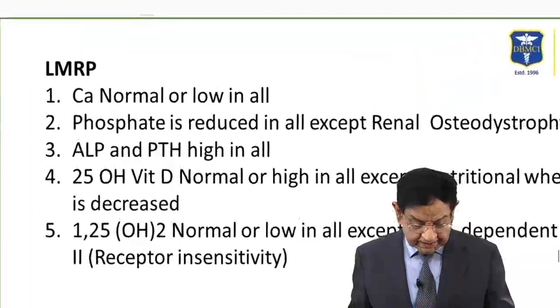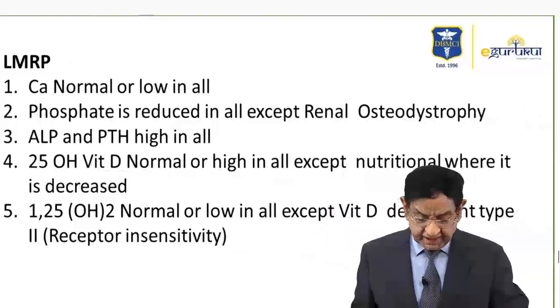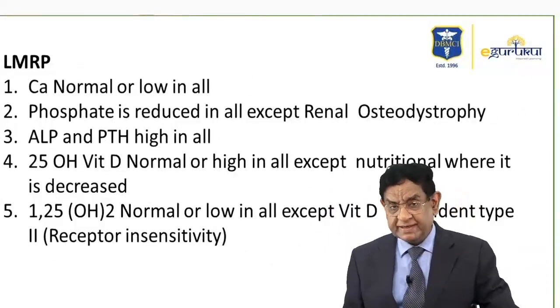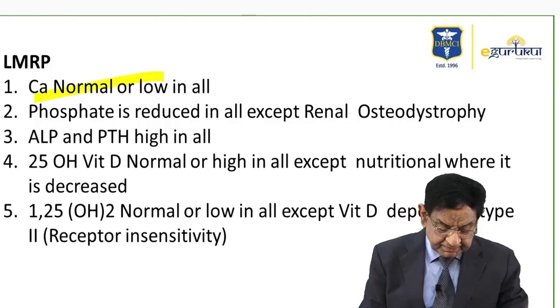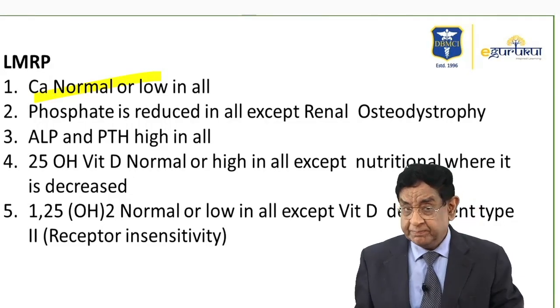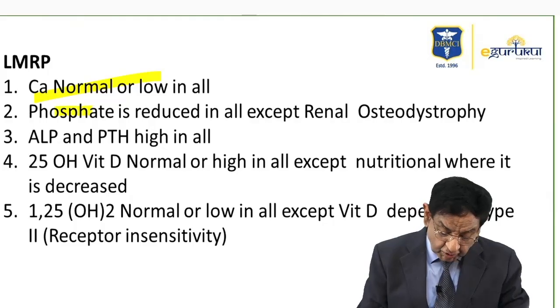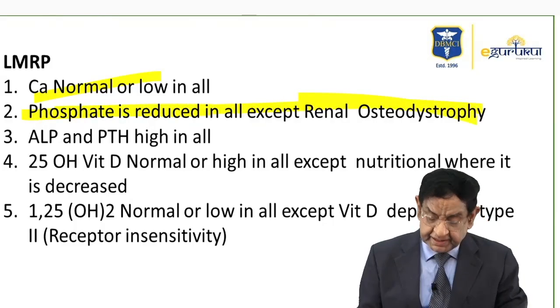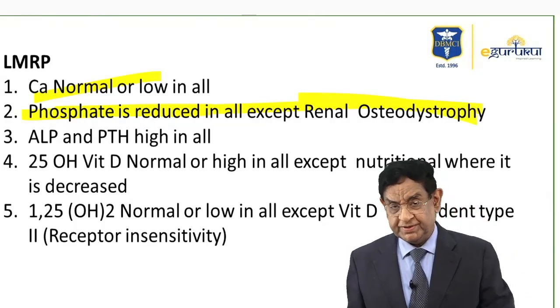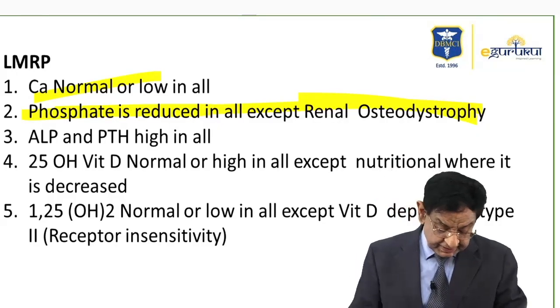So by and large, a quick recap, the last minute revision points of all types of rickets. Calcium is usually low, but it may be normal. Phosphate is reduced in all except renal osteodystrophy. Very, very important point.